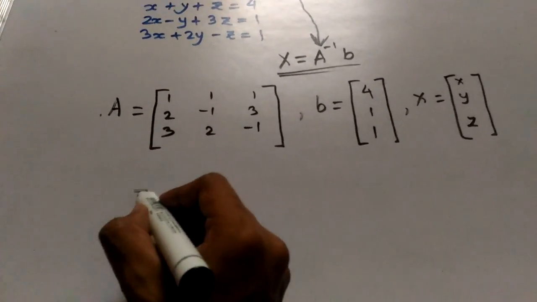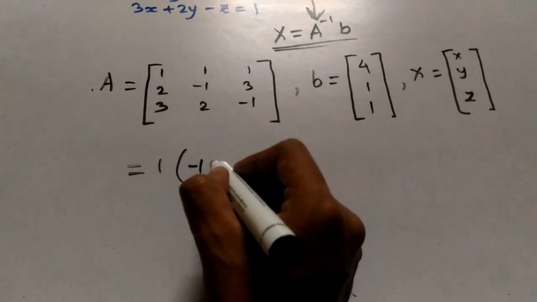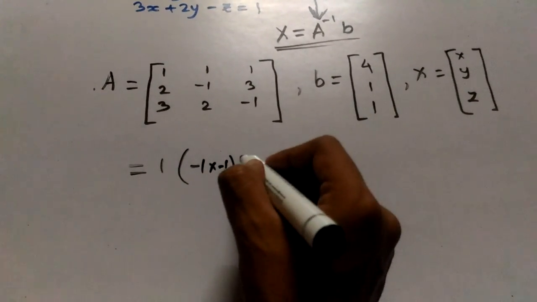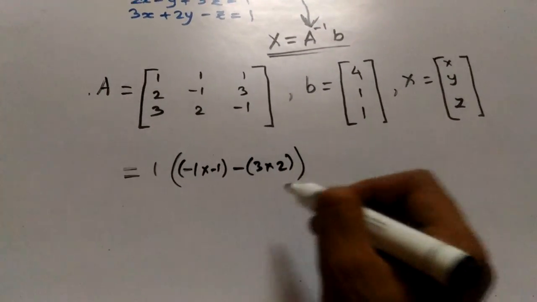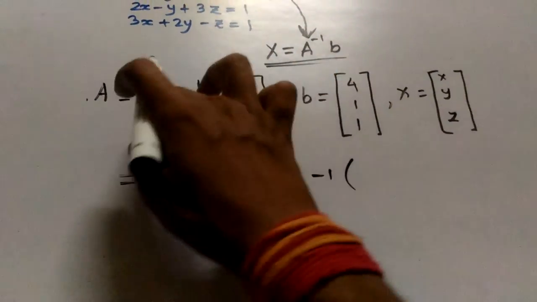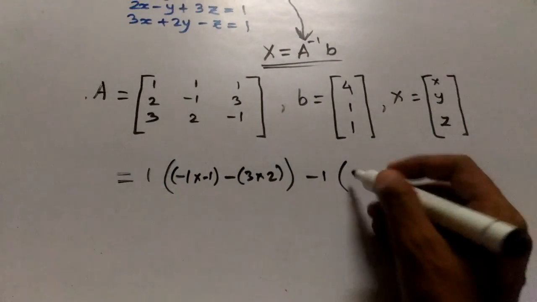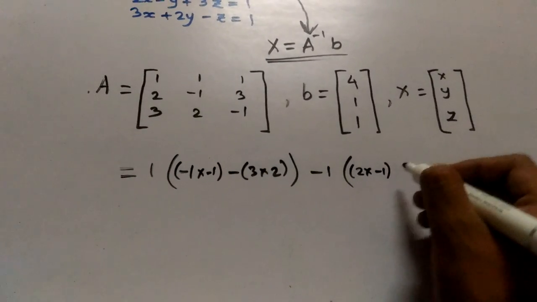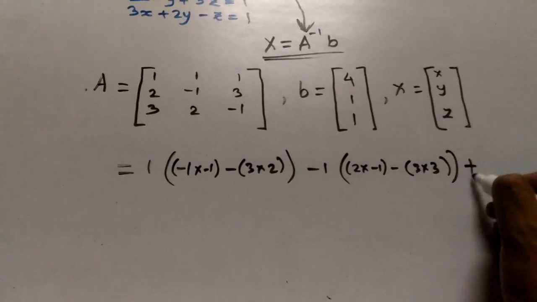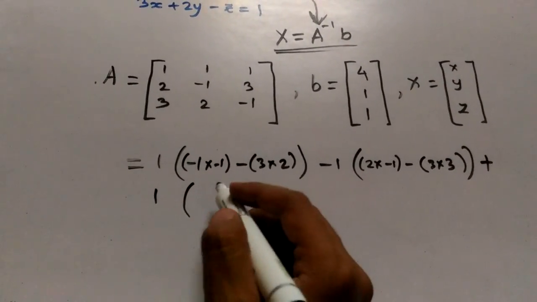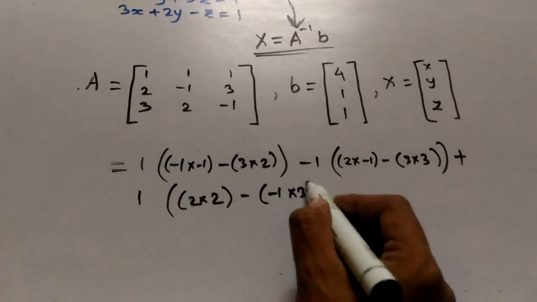So the determinant of A will be 1 into (minus 1 into minus 1 minus 3 into 2), minus 1 into (2 into minus 1 minus 3 into 3), and last, plus 1 into (2 into 2 minus 1 into 3).